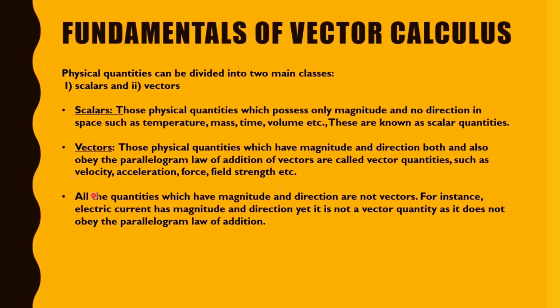Now, all the quantities which have magnitude and direction are not vectors. For instance, think of electric current: it has magnitude and direction, yet it is not a vector quantity as it does not obey the parallelogram law of addition.